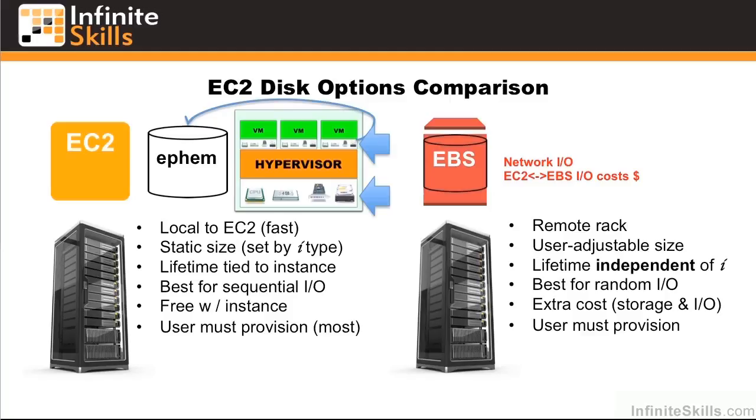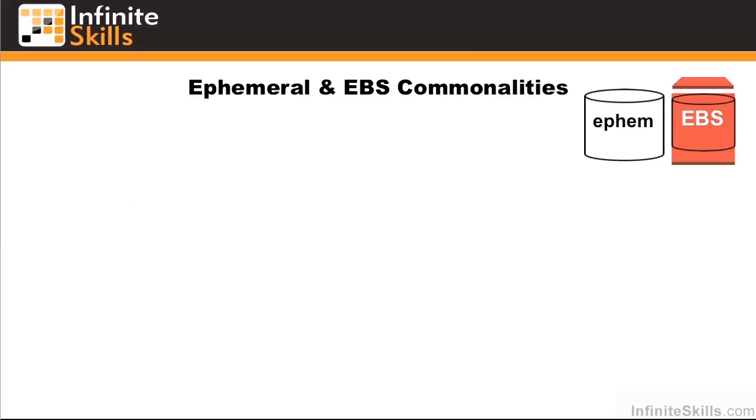The user again has to provision this disk, but this disk allows for snapshots, and it also allows for provisioned I/O. One thing to think about: you would think that the EBS volumes are overall slower since they exist in another rack, but because these EBS volumes are so fast, they're actually comparable, in many cases faster, than the EC2 instance store.